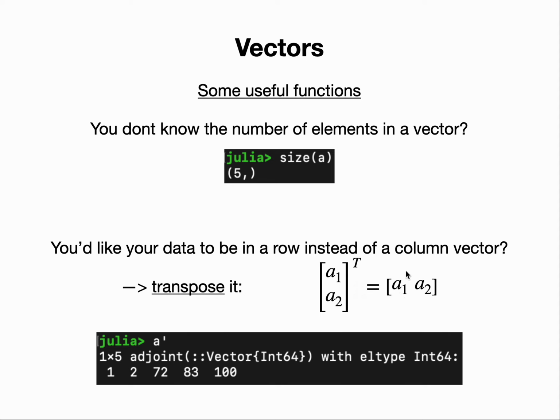How to do that? In Julia or in MATLAB, you just type A and you use one tick here. This will generate the adjoint object with element type Int64 here. So you see that now it's been displayed horizontally.